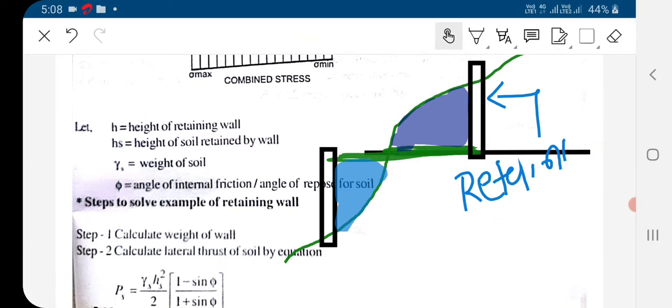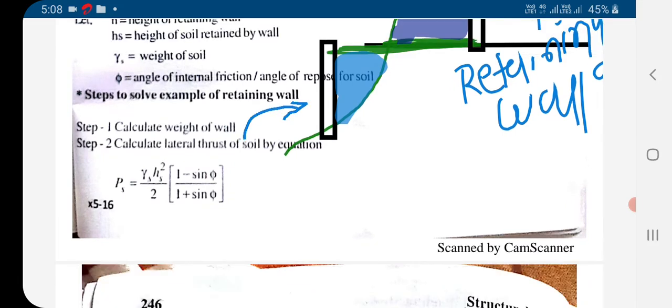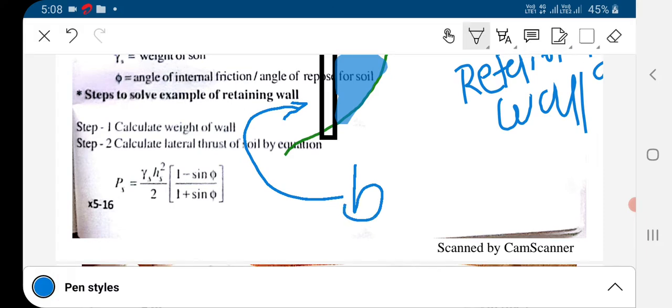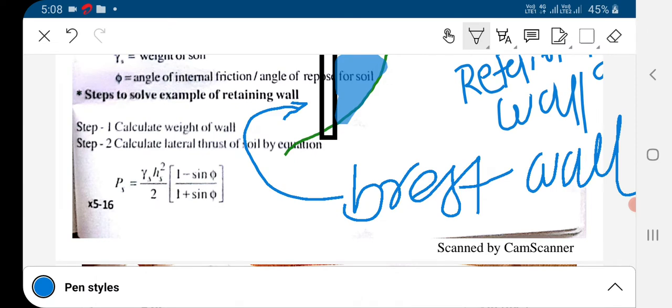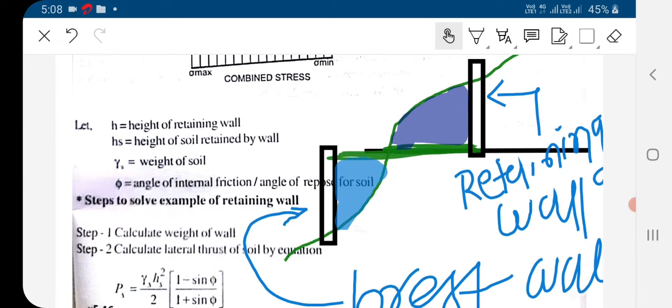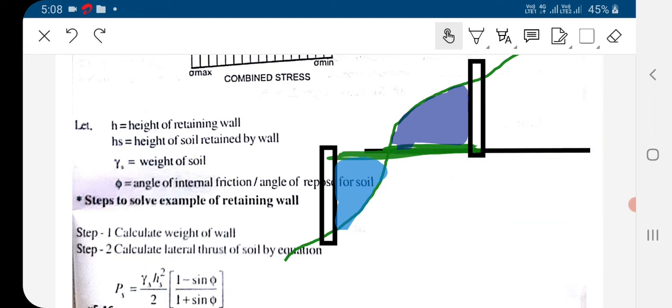And the wall which resists this artificially dumped material, that wall is known as a breast wall. So you have to remember these two important terms, and you have to understand the concept behind them. Basically it will be helpful to you somewhere in the field or in the future.